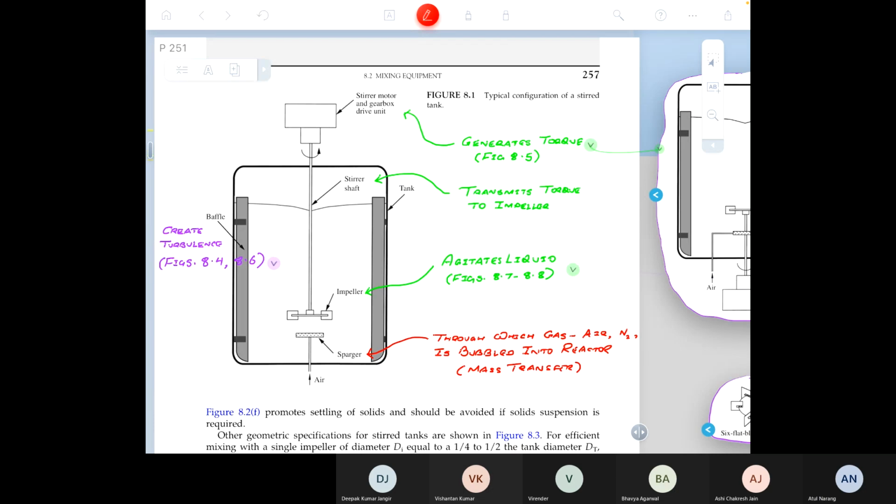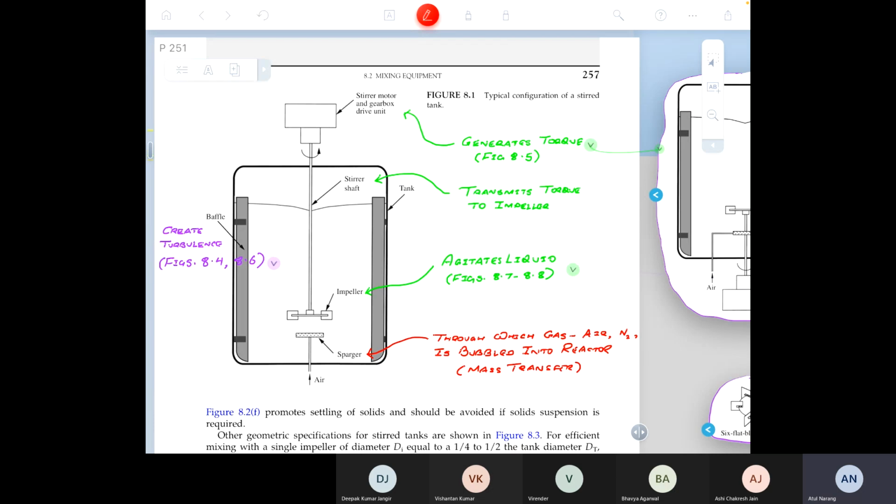This torque is then transmitted by the stirrer shaft to the impeller, about which I shall have more to say later. So the stirrer shaft transmits the torque, and the impeller actually does the job. The impeller is the thing that is turning inside and agitating the liquid.